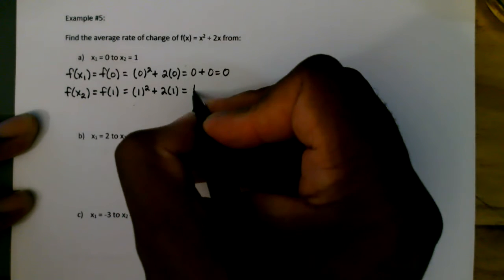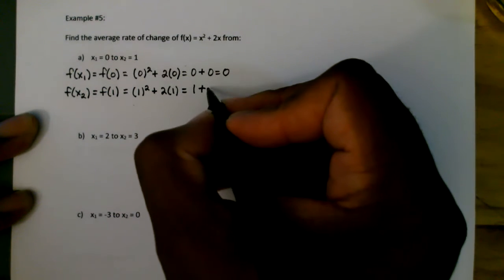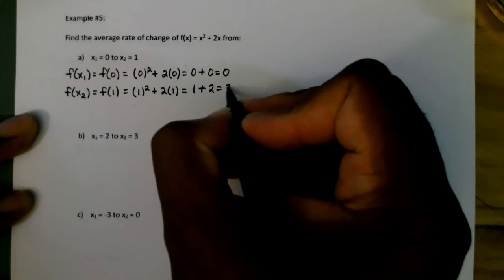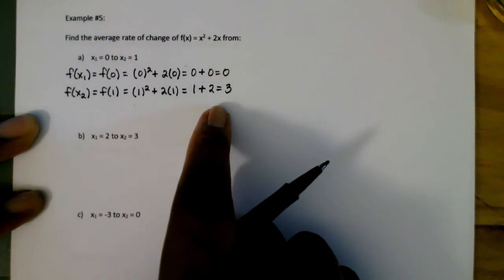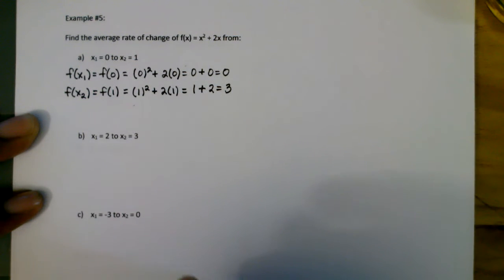1 squared will be 1. 2 times 1 will be 2. 1 plus 2 is 3. So f of x2 is going to be 3, and f of x1 will be 0.